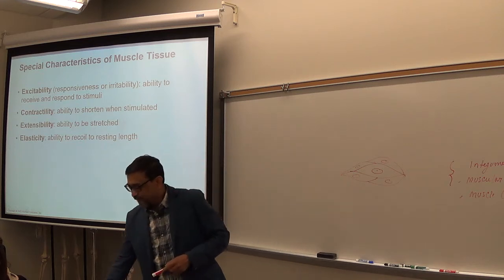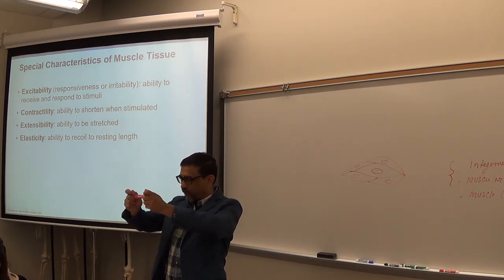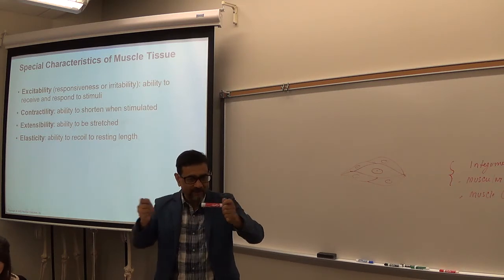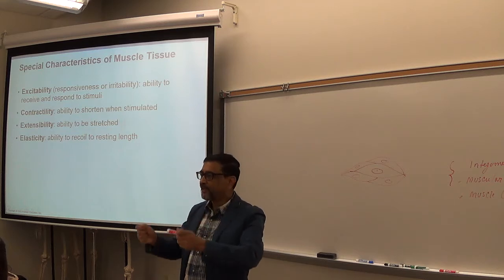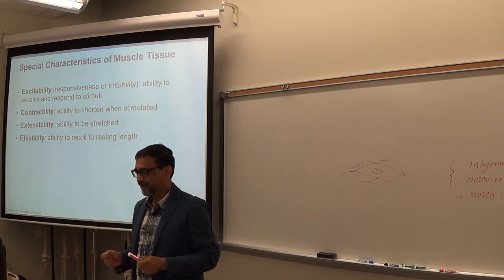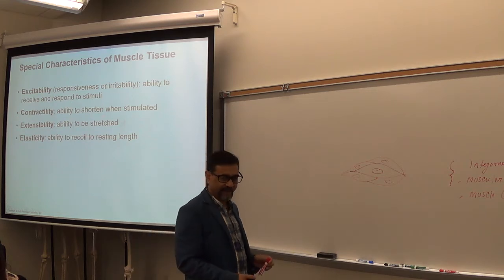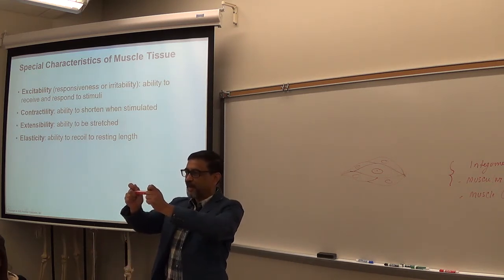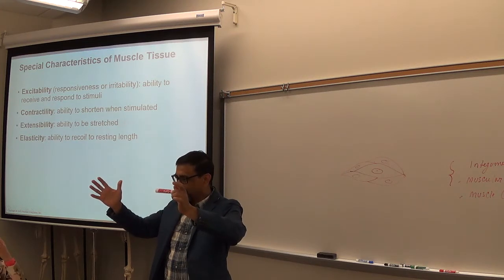Extensibility. If I hold the muscle tissue like this and pull from both ends like this, it will expand, stretch, right? And that ability to elongate is called what? Extensibility, right? Now you look at me. After I expand the muscle by pressure, if I release that muscle, what will happen?